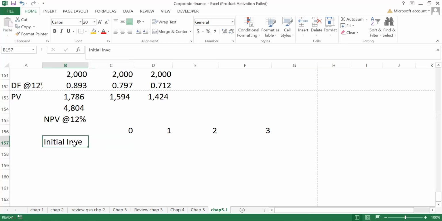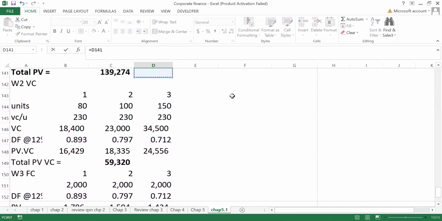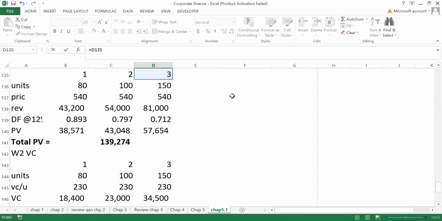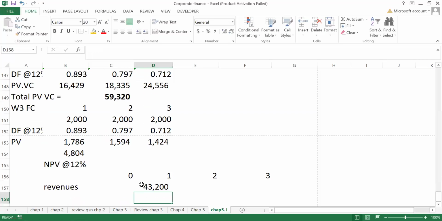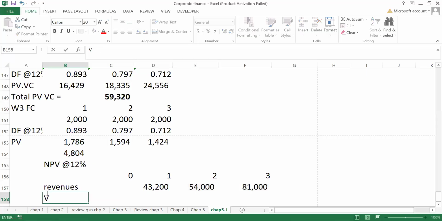I can start with revenue, sorry. Let me start with revenue to be organized. Revenues, not the discounted. I take the revenues which are not discounted. Then I take the variable costs, also the undiscounted ones.